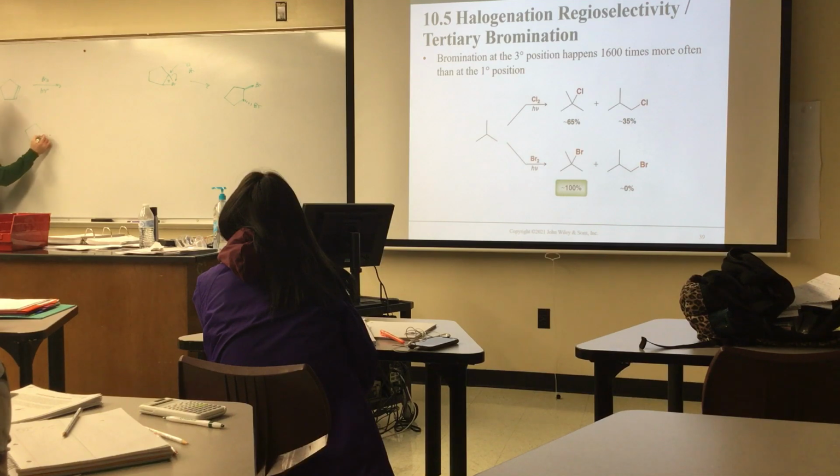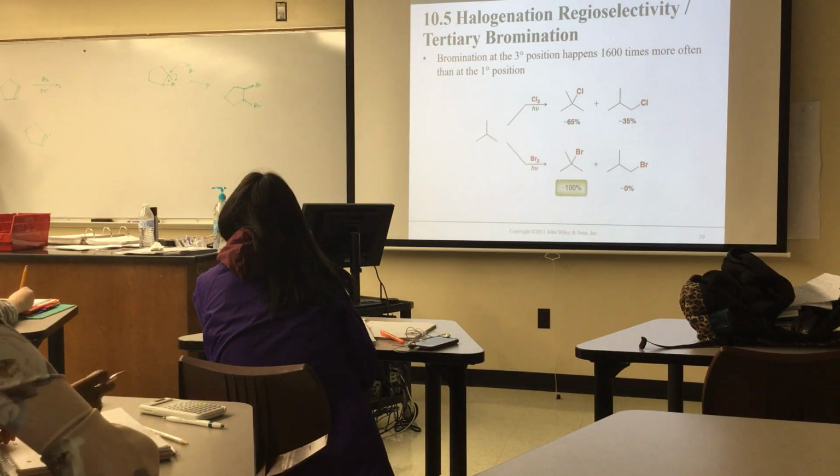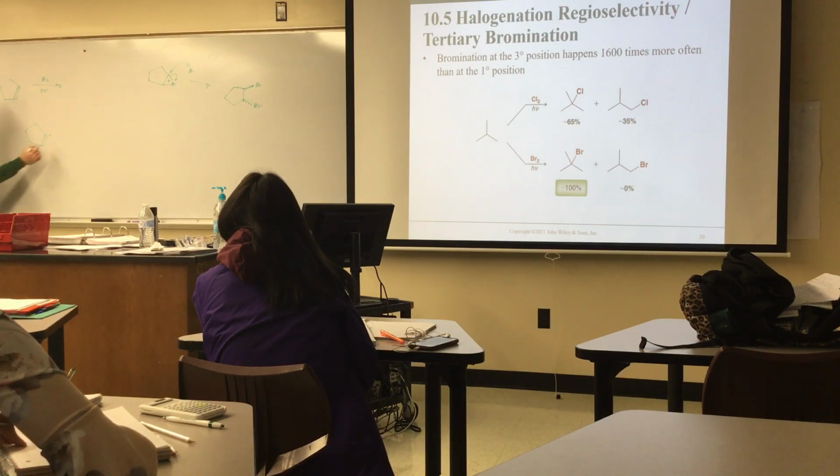Okay, so this one is actually less stable. This one is actually called a vinyl radical, okay? Vinyl radicals are actually not that stable. They're not stabilized by resonance, okay? It would be similar to a vinyl carbocation, which is not that stable.